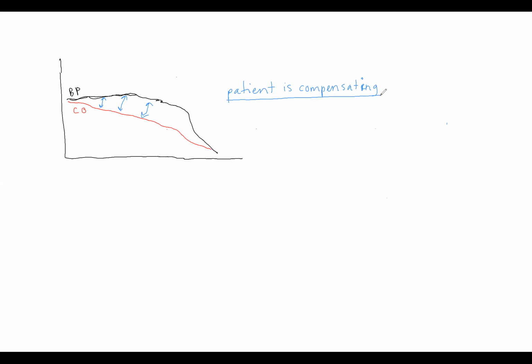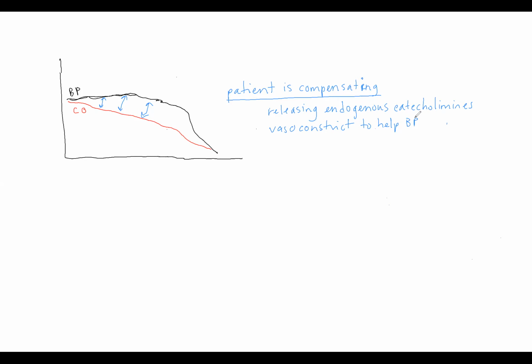So as somebody is compensating, this is releasing endogenous catecholamines. Those are our chemicals like norepinephrine, things like that, that help increase our blood pressure. This is going to cause those peripheral vessels to really vasoconstrict to help maintain a good blood pressure.